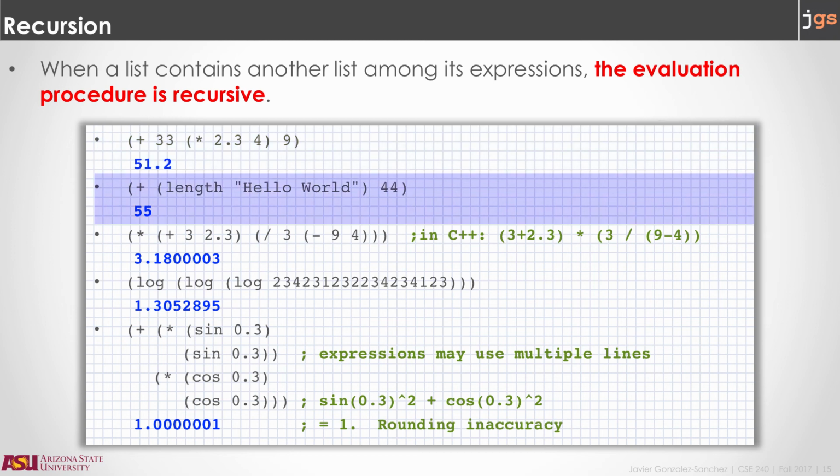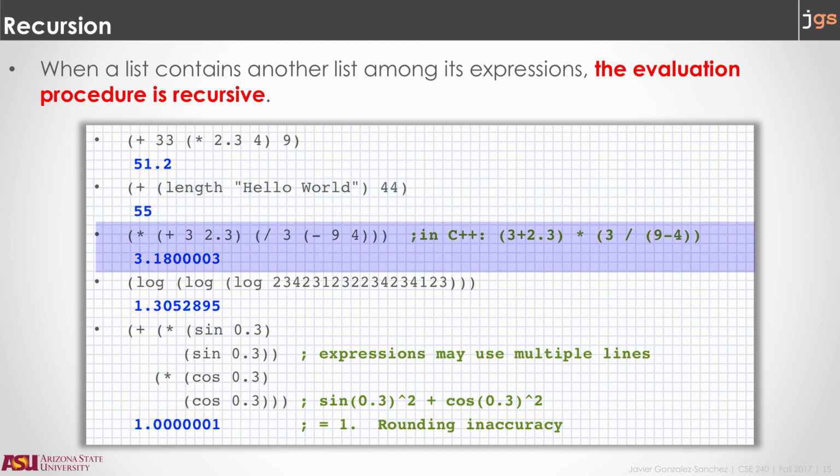In the second example, you do first length. So the length of the hello world string is going to be added to the number 44. That will be 11 plus 44. This example here is equivalent to this in Java or C or C++.